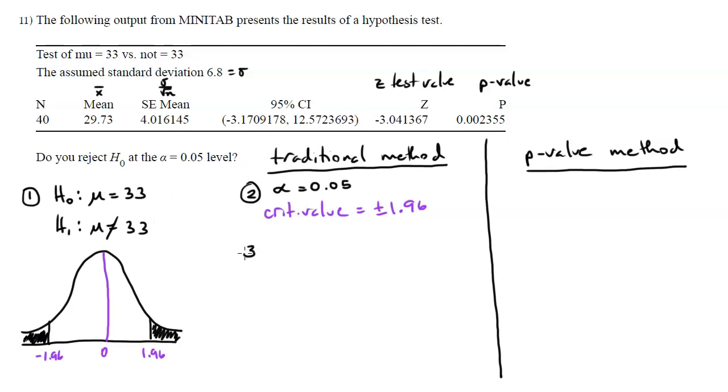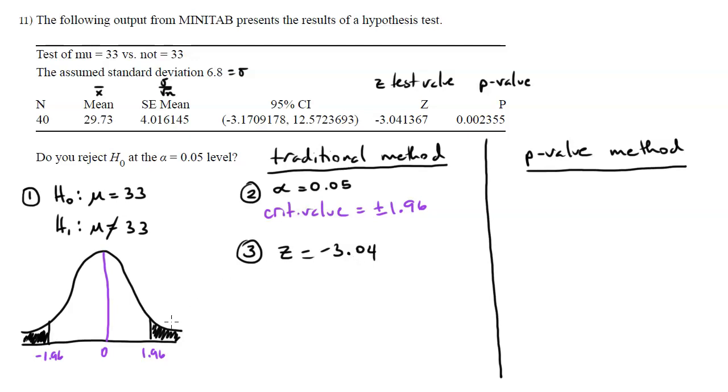The third step is to calculate the z-test value. Normally we would use a formula to do that, but since this is a Minitab output, we have the z-test value, negative 3.04. Now this z-value is the test value, so this is the value we're using to test.